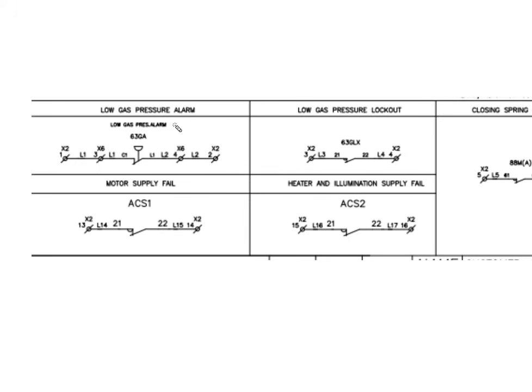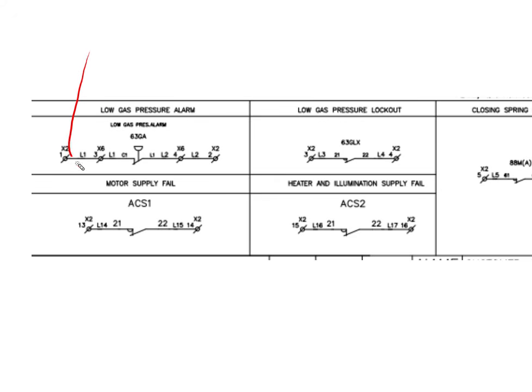So we'll start with low gas pressure alarm. For that they have used X2-1, X2-2. Positive will come from indication positive KX1.